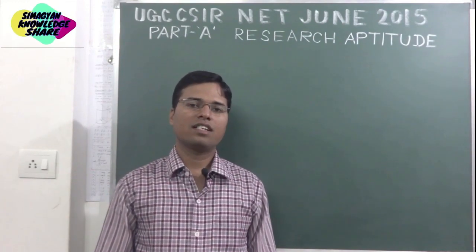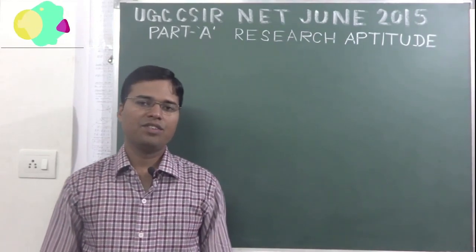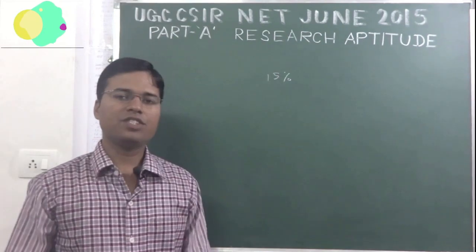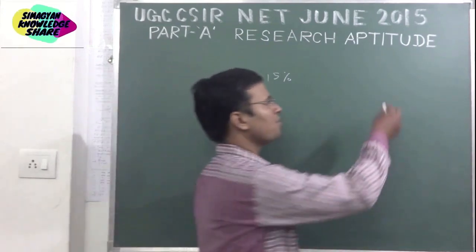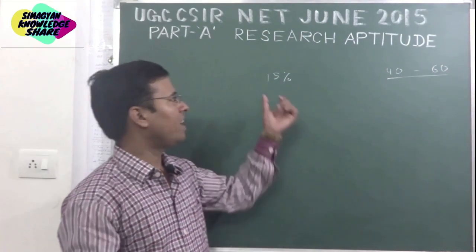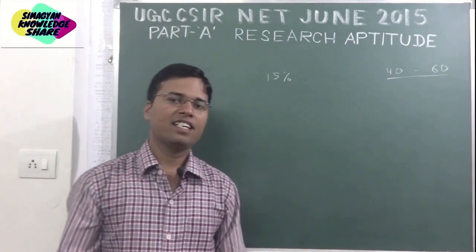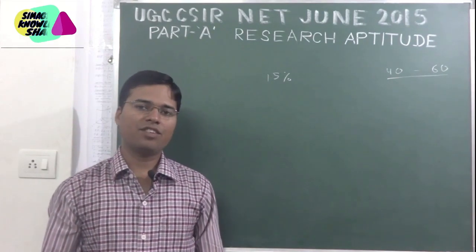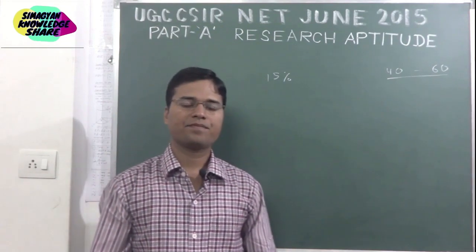Part A, which is 15% of the marks in UGC-CSIR NET, has a cutoff that goes to 40% to 60% in some subjects. This 15% part is very important, but students don't practice and don't get proper guidance, so they cannot attempt Part A of UGC-CSIR NET.